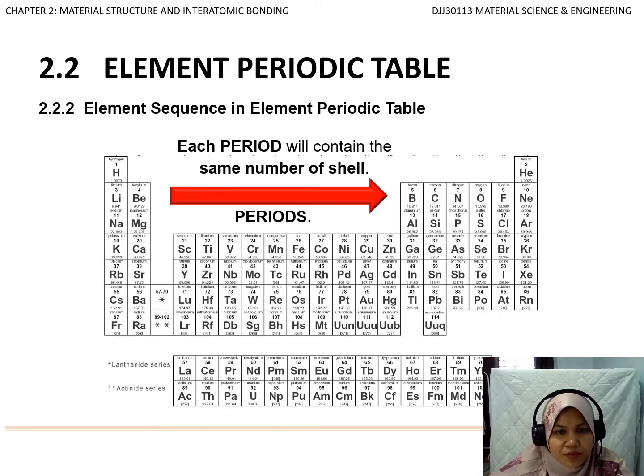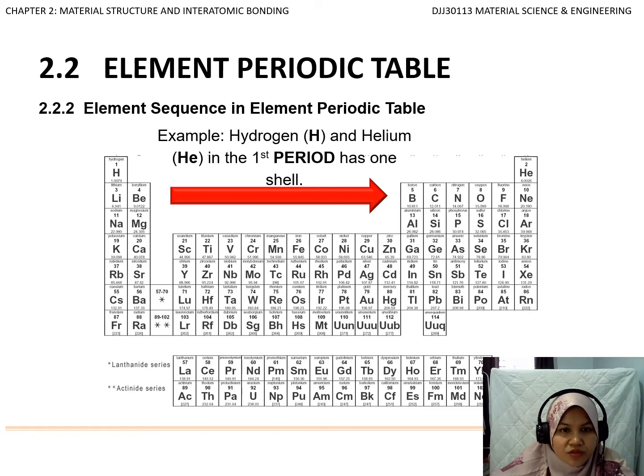Okay, so each period will contain the same number of shells. Setiap kala, period ni dia akan mengandungi nombor shell yang sama lah. For example, hydrogen and helium.